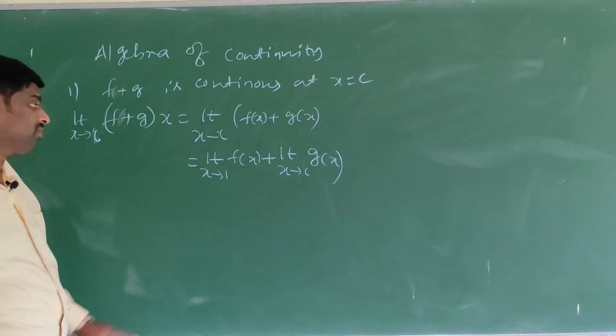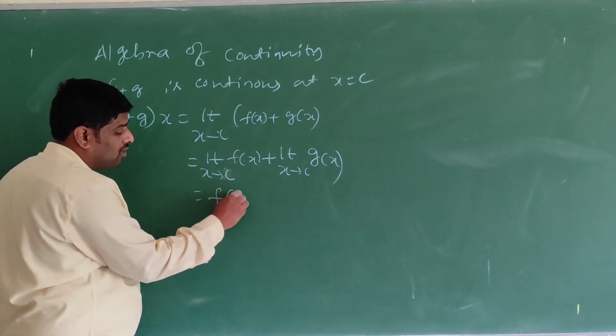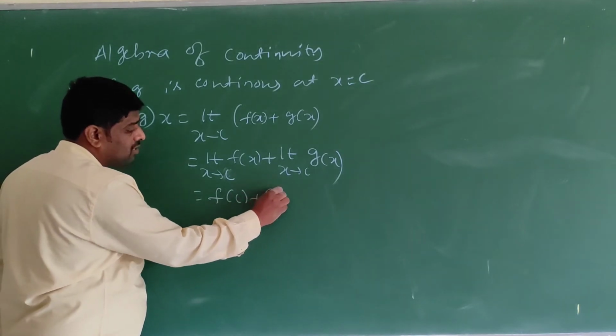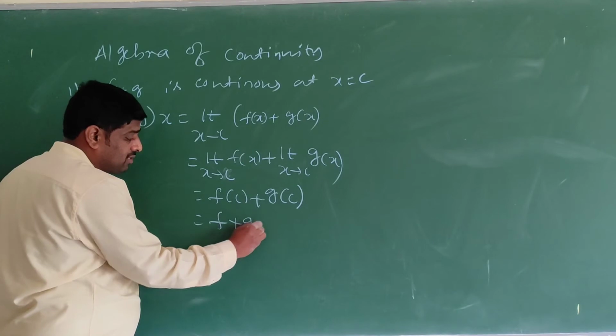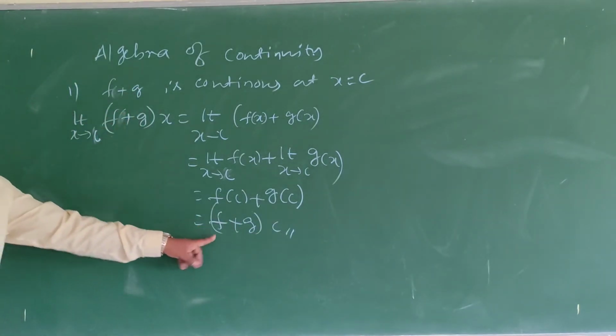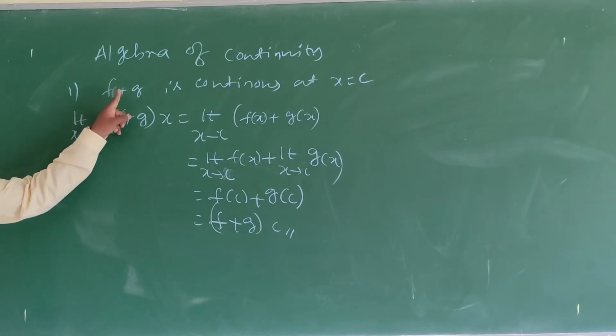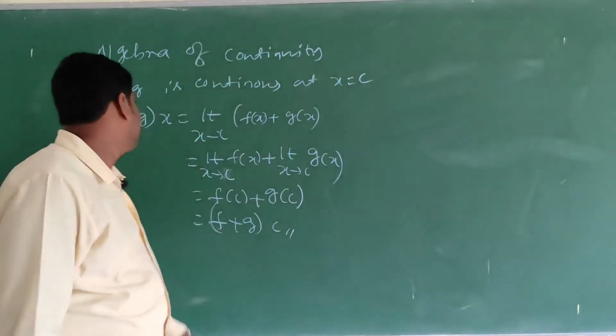Separate the limits here. So this can be written as f of c plus g of c, which is f plus g of c. Therefore, f plus g is continuous at x is equal to c.